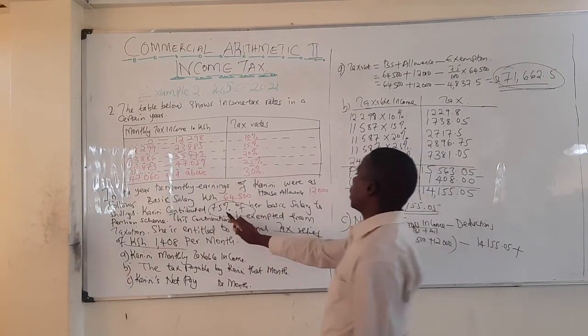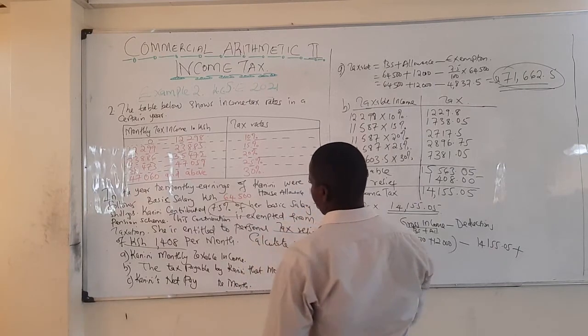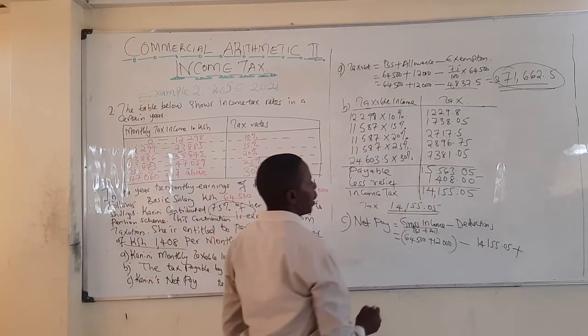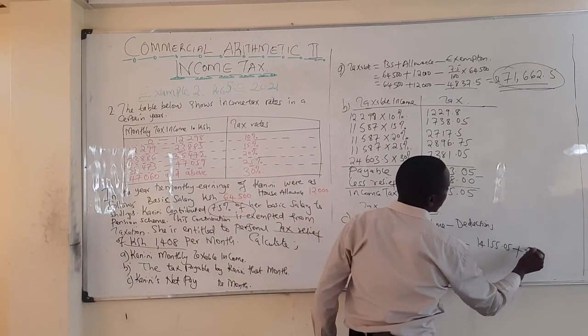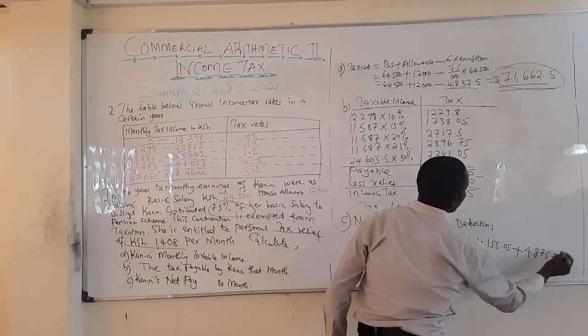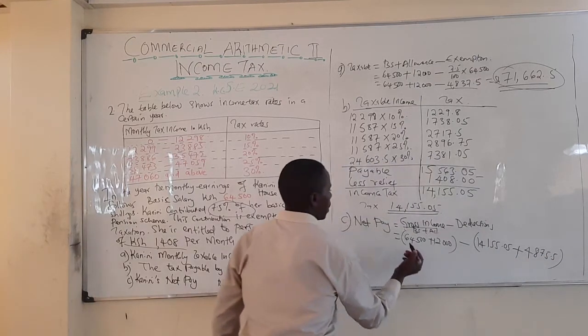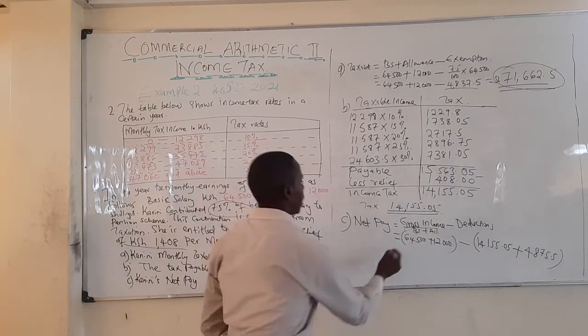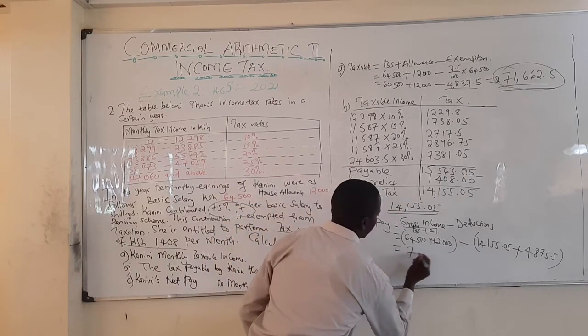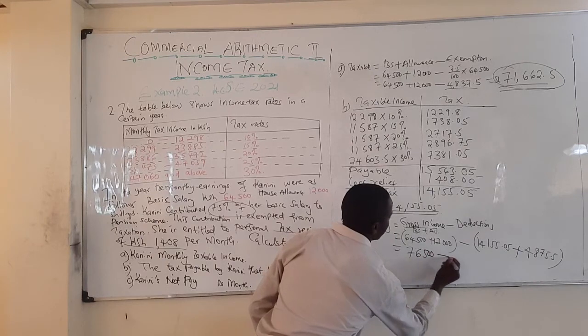So the 7.5%, we had it here as 4,875. We also add that one to the deduction. Then the gross income, we are going to be having 76,500.